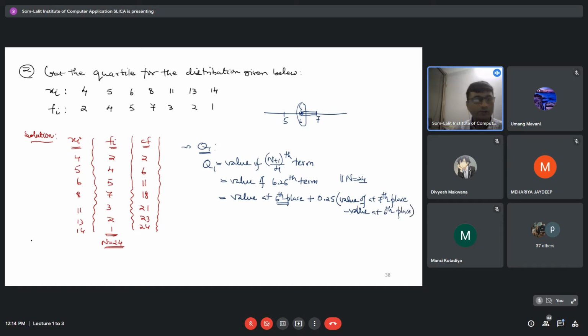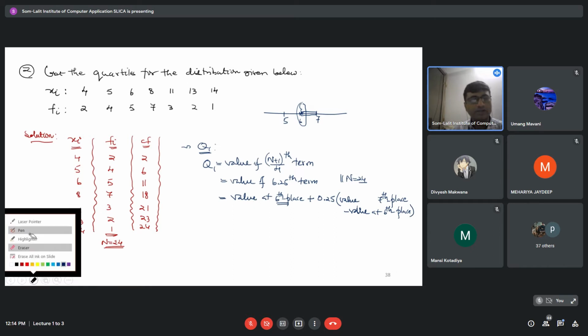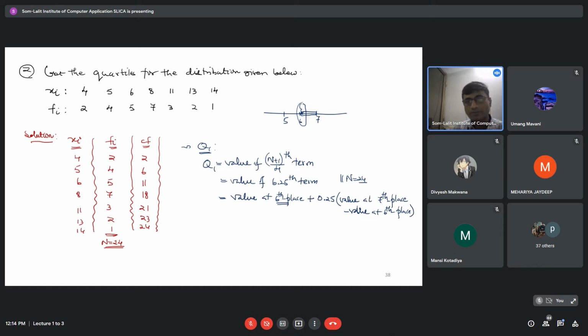This is how we do it when we have a fractional position. The next position after 6 is 7, so the value at the 7th position minus the value at the 6th position. This is especially for the fractional part, remember.